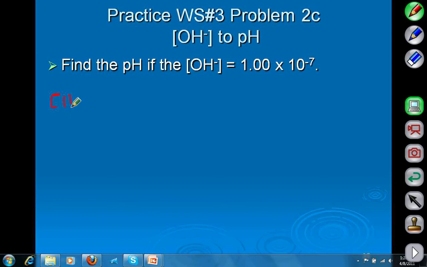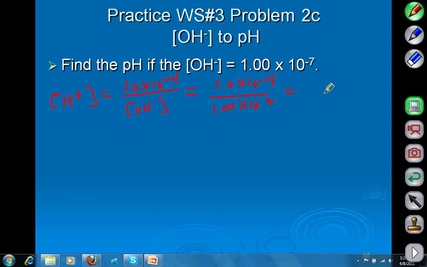So we need to find H+. That's what we have to find by taking 1 times 10 to the minus 14th and dividing it by the OH concentration. That's going to be 1.0 times 10 to the minus 14th, all divided by 1.00 times 10 to the minus 7th. And what do you think that equals?